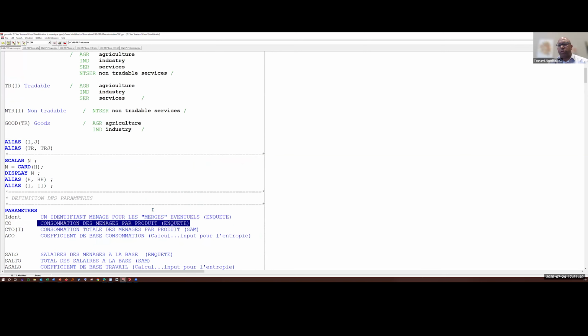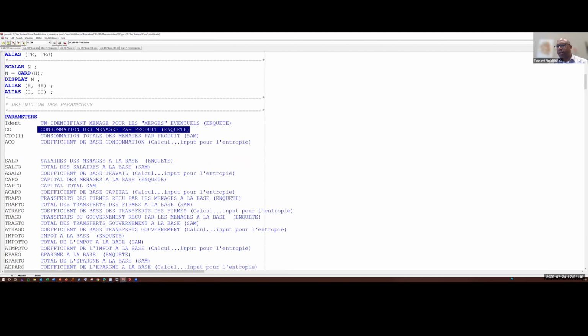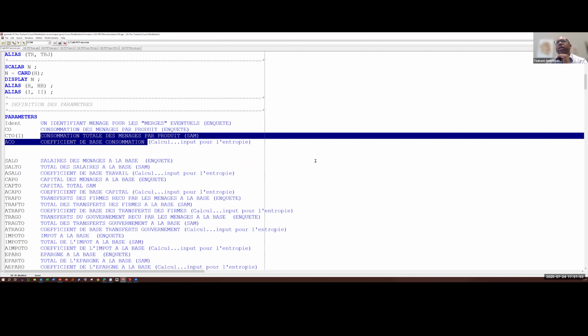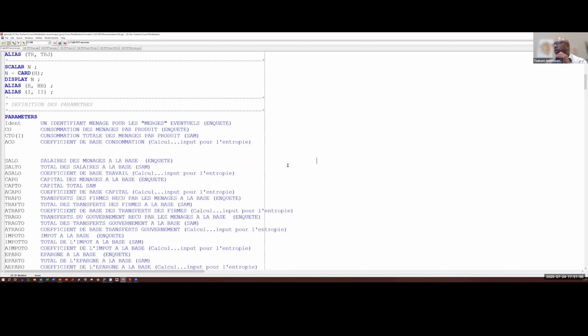So here, this is the equivalent in GAMS. Can you see? So it's better? Okay. And here we have the total consumption of the households by product, which is the total of consumption of all the products. This is the value we have in the sum.